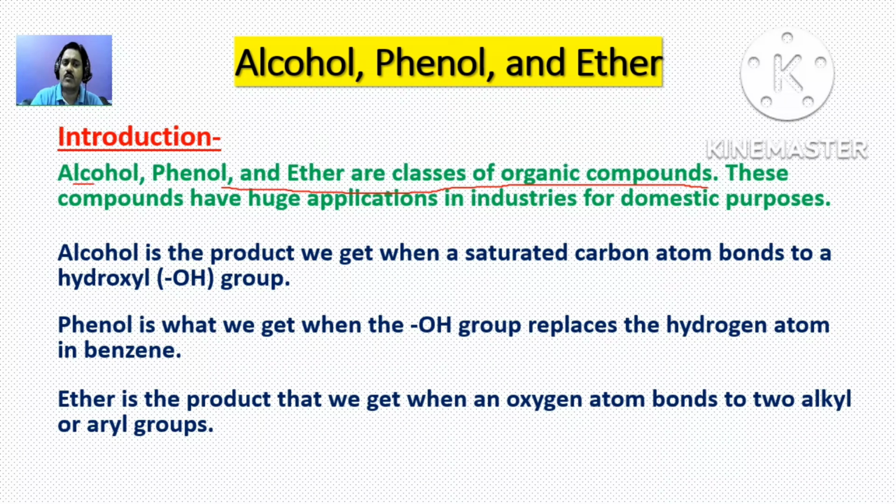Alcohols, phenols, and ethers all have carbon in their composition, so we can say these are organic compounds. These compounds have huge application in industry and for domestic purposes, like in medicine and in cleaning agents, which are used in our homes.